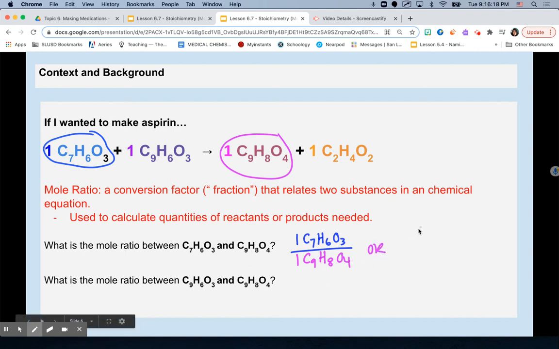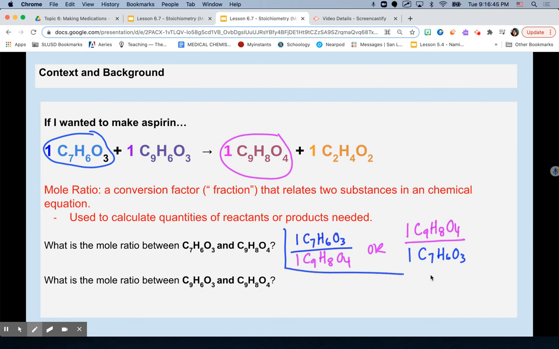Or I can write it with 1 C9H8O4 on top over my reactants, right? One of these C7H6O3. So if I ask you what is the mole ratio between these two, well, for one of these, I'm going to need 1 of these. Or for one of the pink ones, I'm going to need 1 of the blue ones. Either of these could be the correct answer.